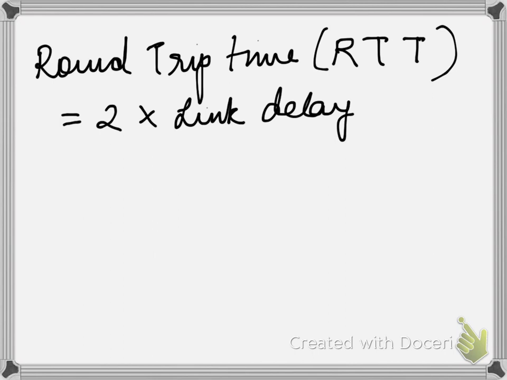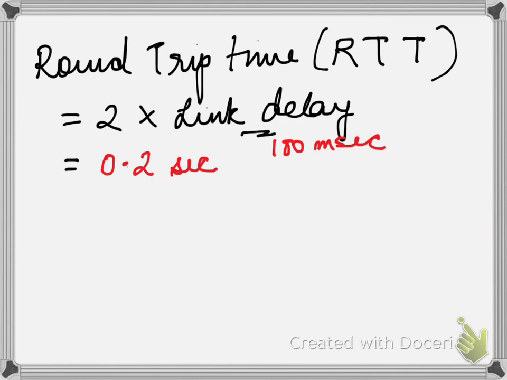So again, if we look at this from the point of view of segments, the round trip time is for a segment to reach from the sender to the receiver and the acknowledgement for that segment to come back. Here we had considered the link delay to be 100 milliseconds, so the round trip time would be 0.2 seconds.